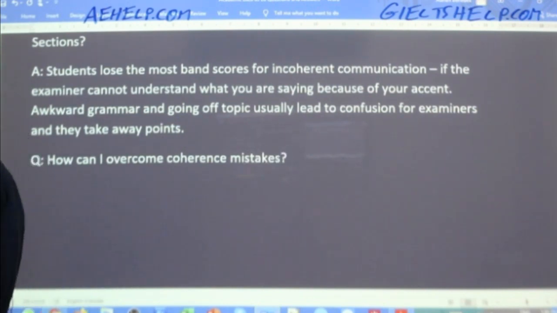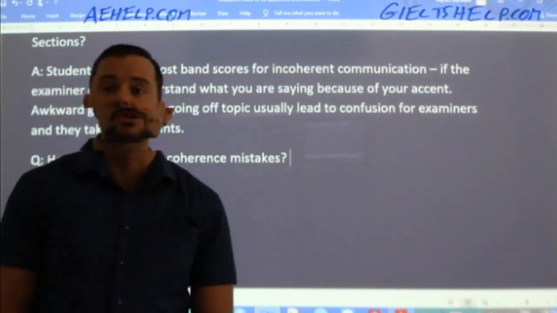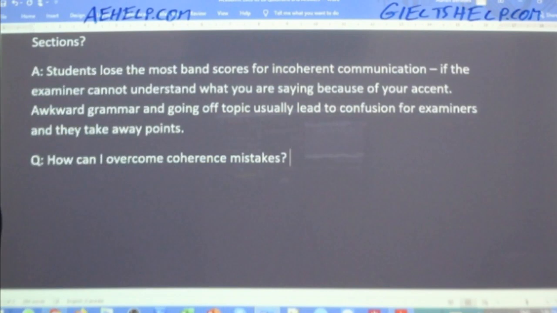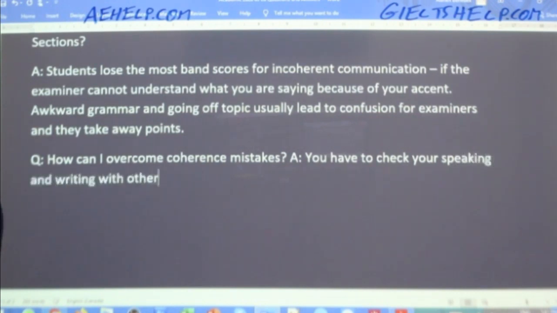So how can I overcome these coherence mistakes? Of course, the simple answer here again is you have to check your speaking and writing with others for such mistakes. Get feedback.